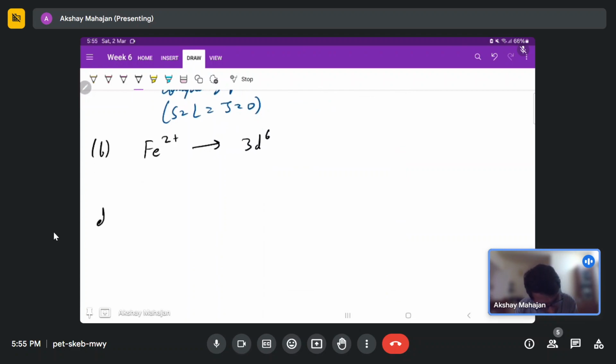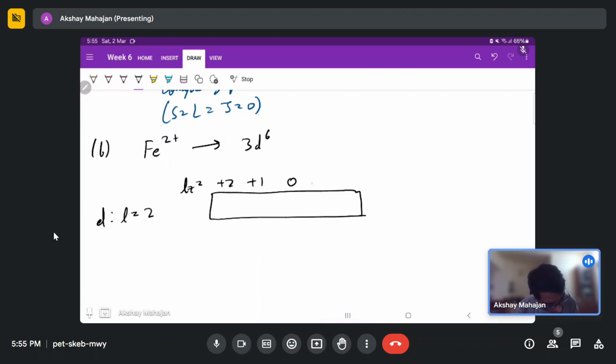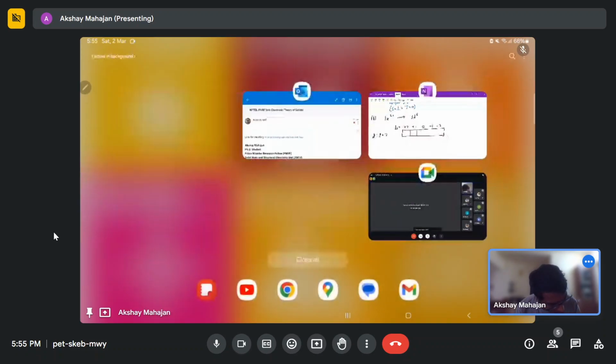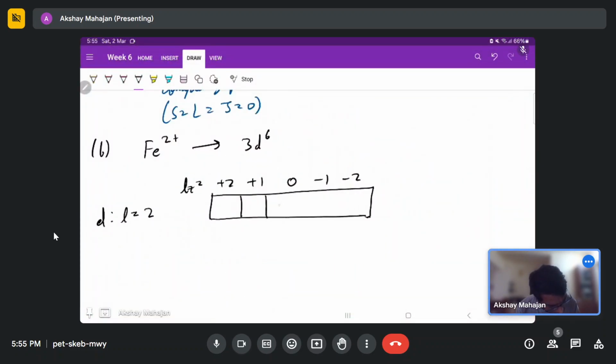Now for d, we know we have done this, L is equal to 2. So we will have Lz values equal to plus 2, plus 1, 0, minus 1 and minus 2. Alright, then we have to fill 6 electrons.